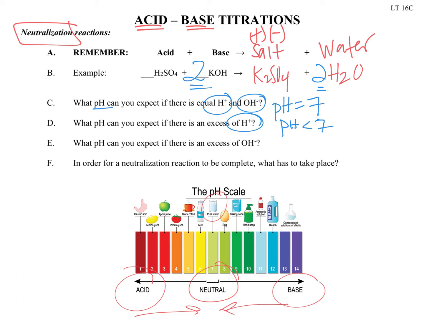All right, so 1, 2, 3, 4, 5, 6, 6.9. And if you have excess hydroxide, we would expect our pH to be greater than 7. So we are borrowing the Arrhenius theory, talking about dissociating hydrogens and hydroxides.